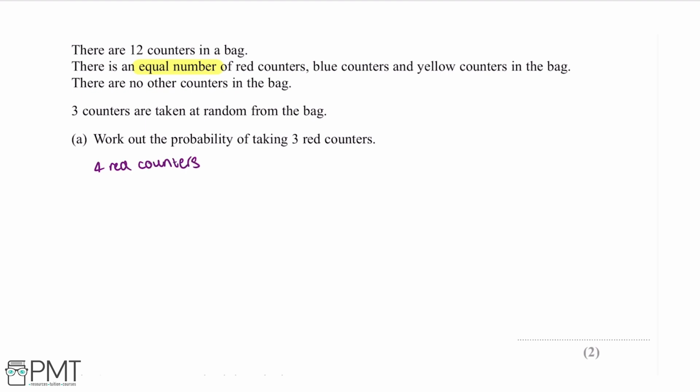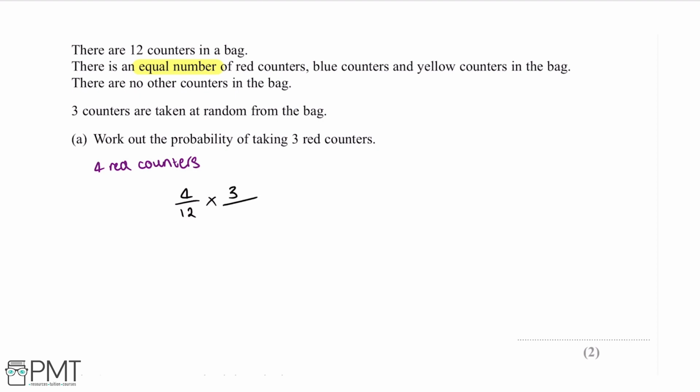Now because these 3 counters are being taken consecutively, we're going to want to multiply the probabilities. So initially we've worked out that there are 4 red counters in the bag and there are 12 counters in the bag in total. So the probability of taking out a red counter will be 4 over 12. So assuming that we've just taken 1 red counter out of the bag, this means there will only be 3 red counters left in the bag.